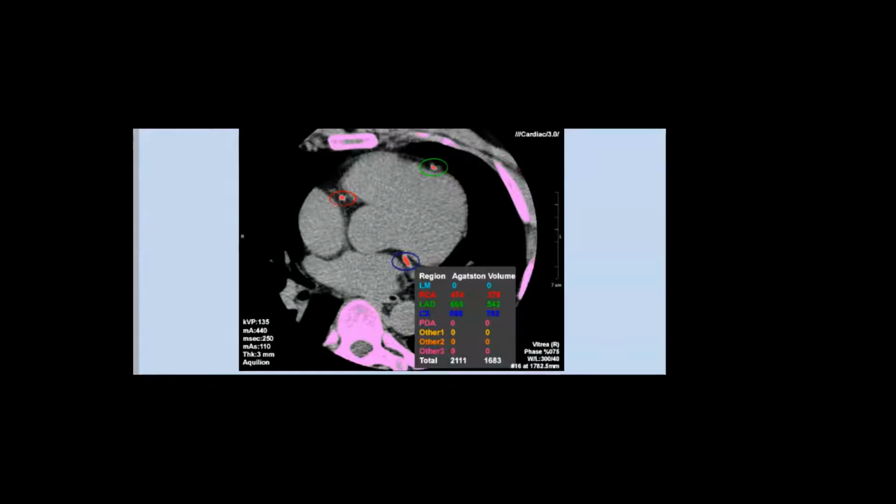Okay? And coronary calcium is one of the greatest revolutions in preventive medicine and preventive cardiology in particular, because it has been found to be one of the strongest predictors of outcome, far beyond and above the conventional risk factors.